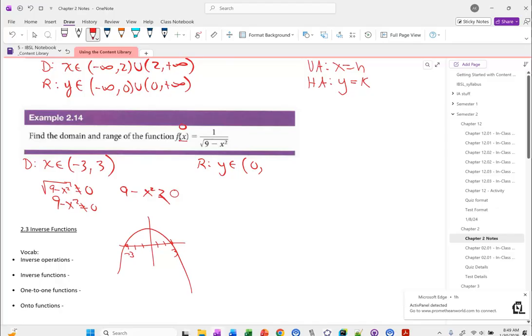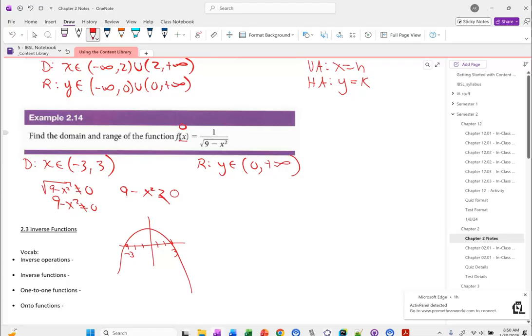If I take 1 divided by that, I'm going to get like 100,000, right? 1 divided by 0.1 is 10, 1 divided by 0.01 is 100. Am I going to be able to make y as big as I want? Right, I just keep picking values closer and closer to either -3 or +3 from the domain. I can make y as big as I need to. So this will go to positive infinity.